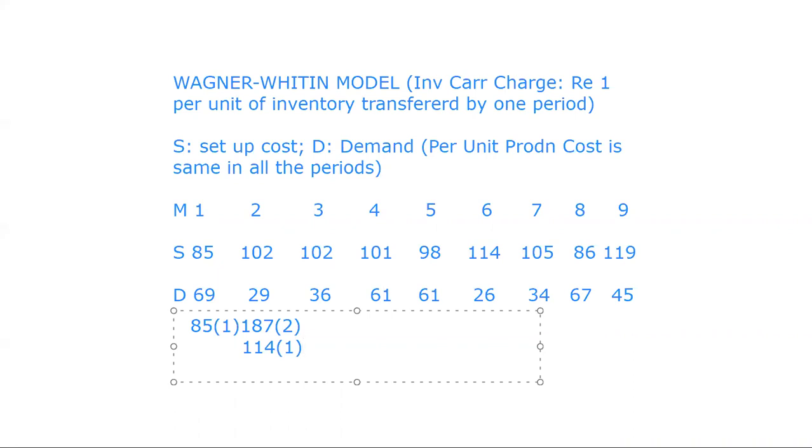Now which is the minimum here if it were just a 2-period problem? It is optimal to produce in period number 1 for period number 2 also, and not produce in period number 2 at all. So in your copies, you mark 114 by an underline.